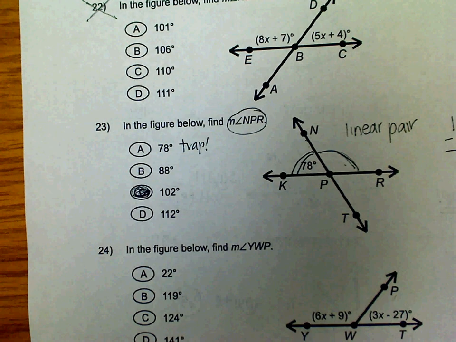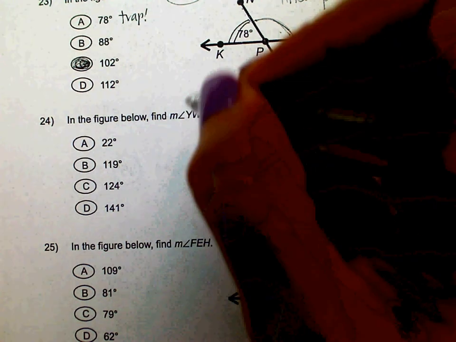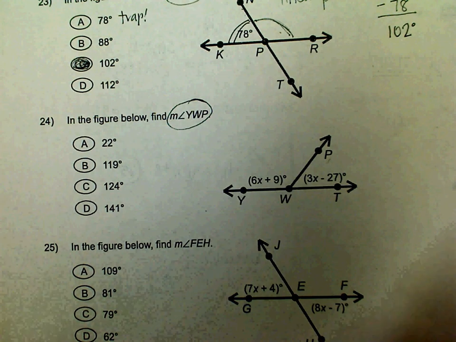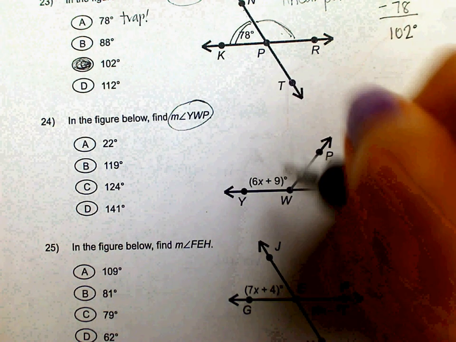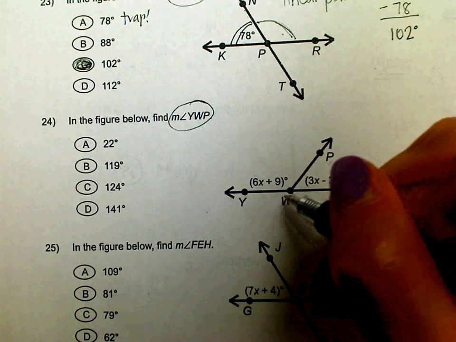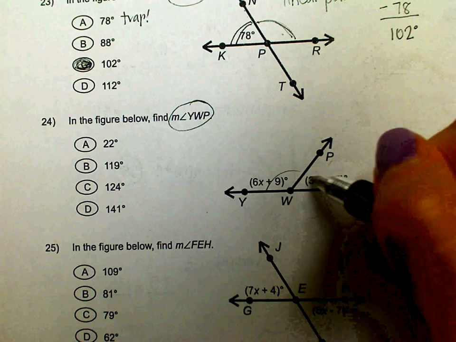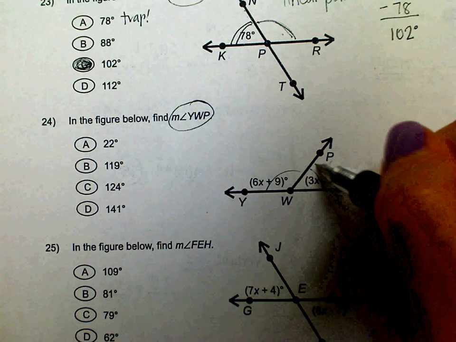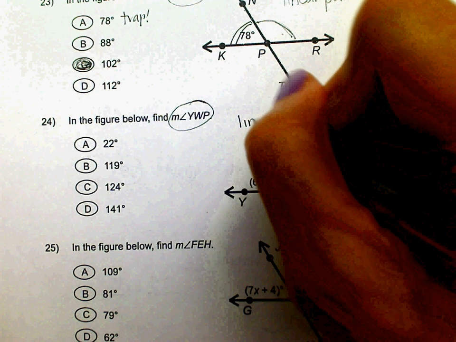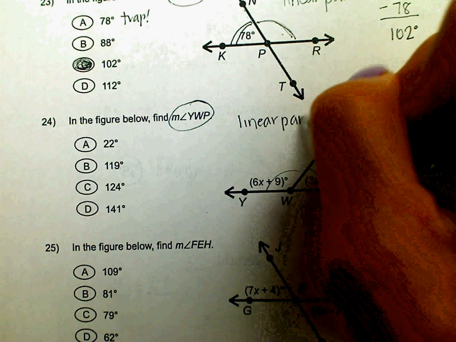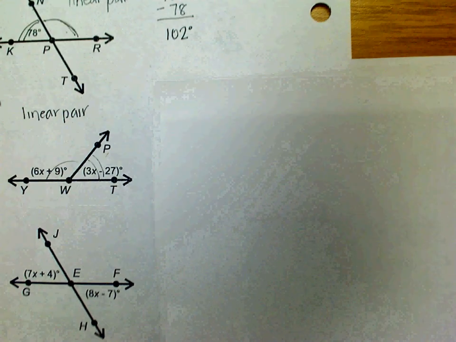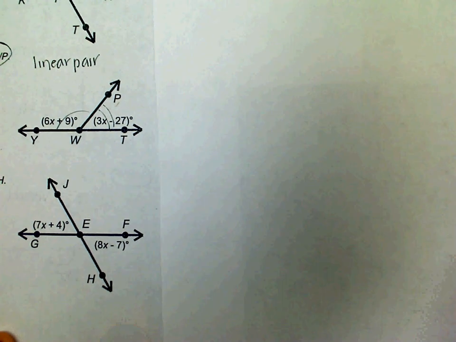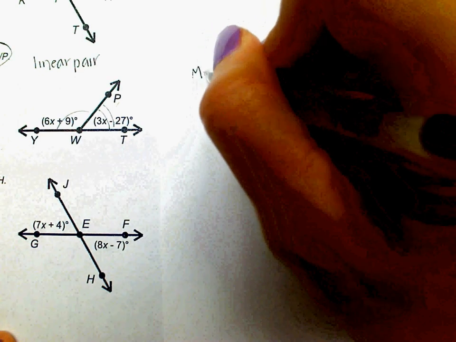24 says find the measure of angle YWP. Okay, so we're going to notice that YWP is this angle. But we also have some information here which together is forming a linear pair. So I'm going to set it up using my different methods. Okay, so here we go. So method 1 and method 2.